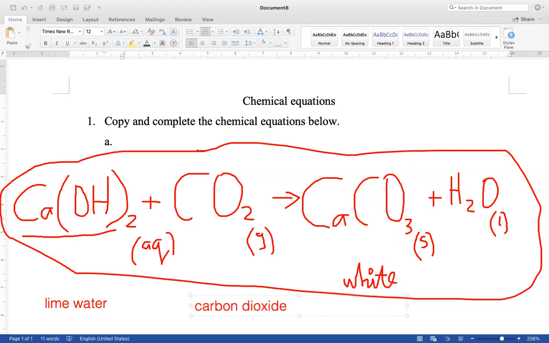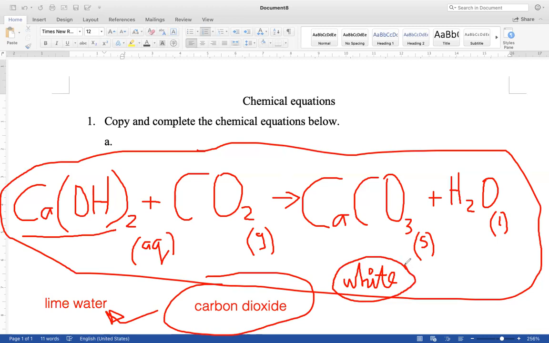Carbon dioxide, what did they say? That when you bubble carbon dioxide through lime water, the lime water turns milky. The milky substance that is formed is calcium carbonate.